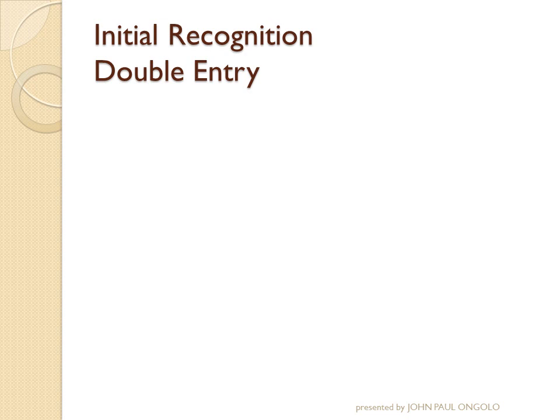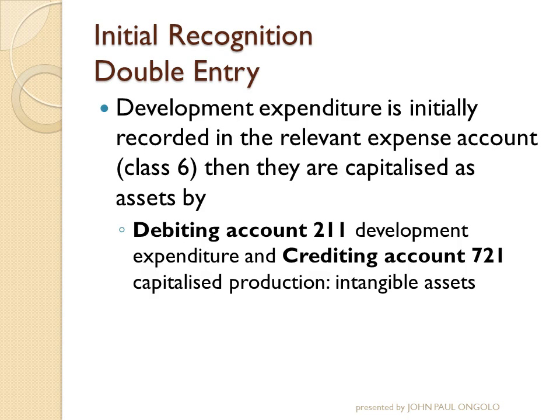But from the date the criteria has been satisfied, development expenditure will be recorded in the relevant expense account. Then they will be capitalized as assets by debiting account 211 development expenditure and crediting account 721 capitalized production intangible assets.